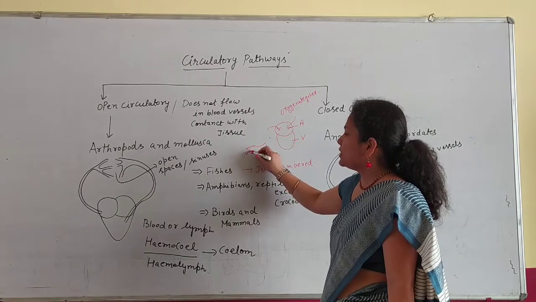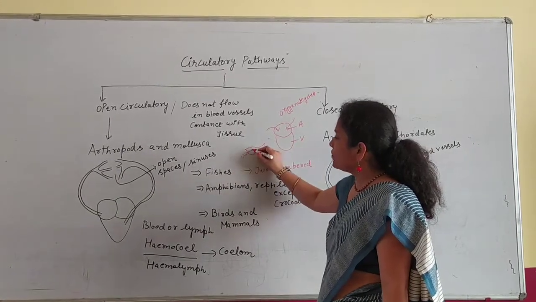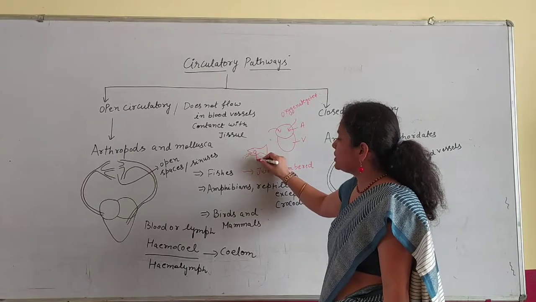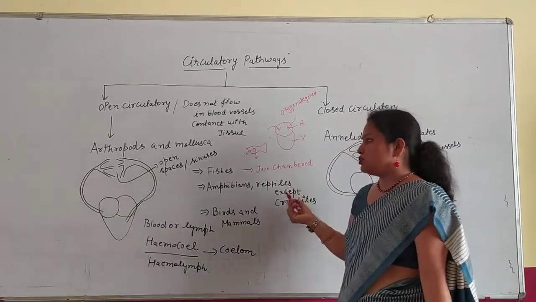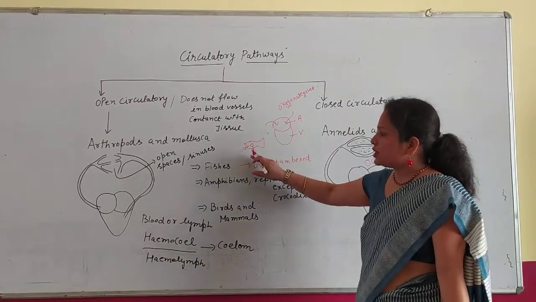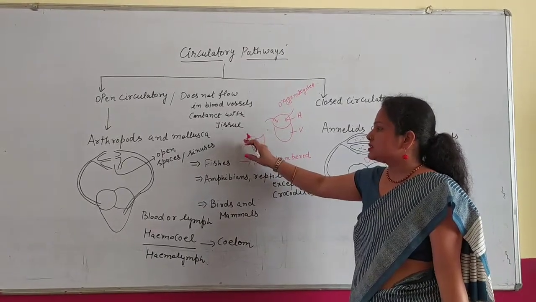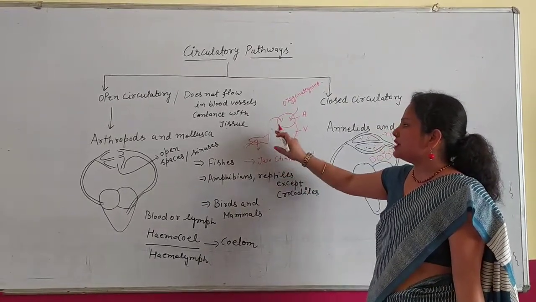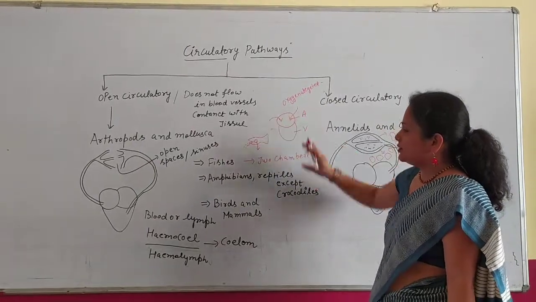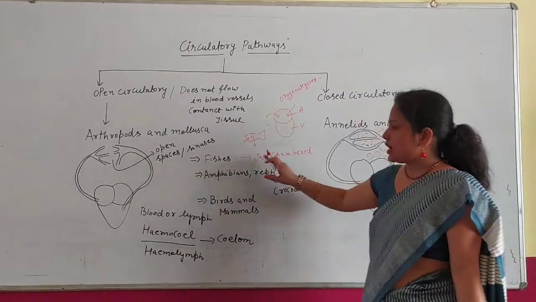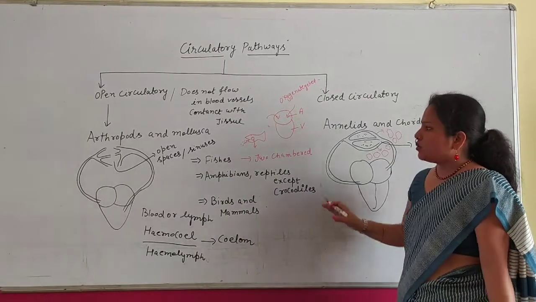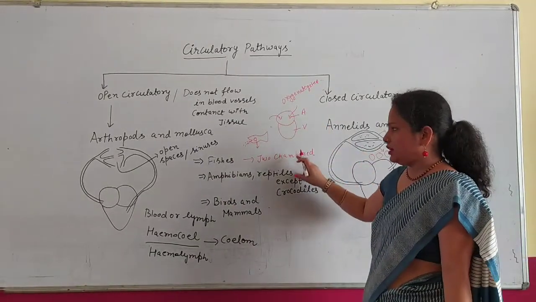Because the water enters their body, and from the surface of the gills there will be the exchange of gases. So purification of the blood takes place in the gills. Then from the gills that blood is supplied to the heart. So in the case of fishes there is a two-chambered heart, one auricle and one ventricle.